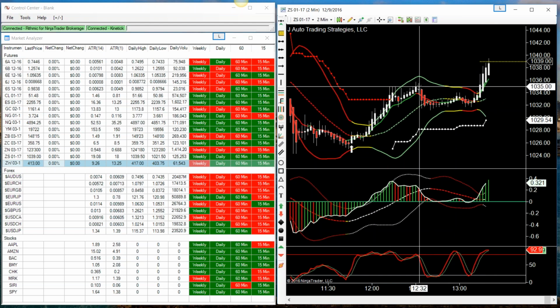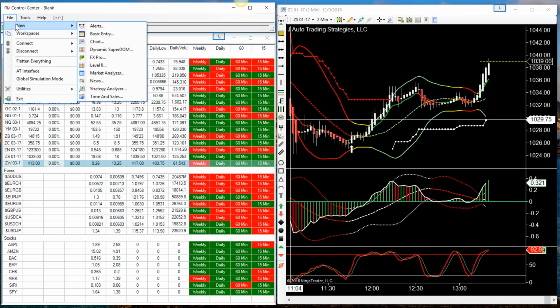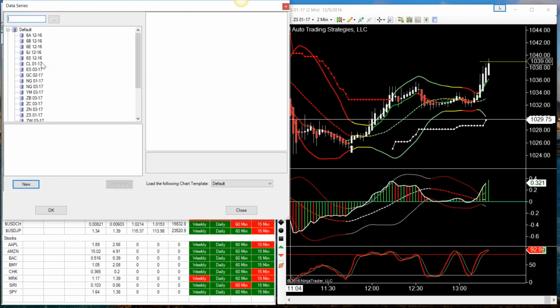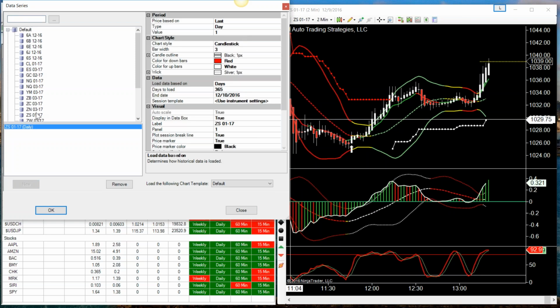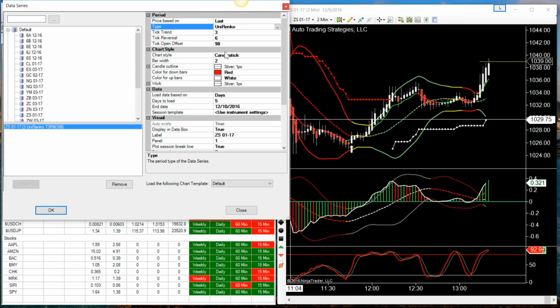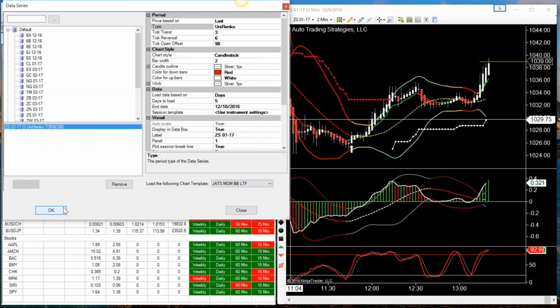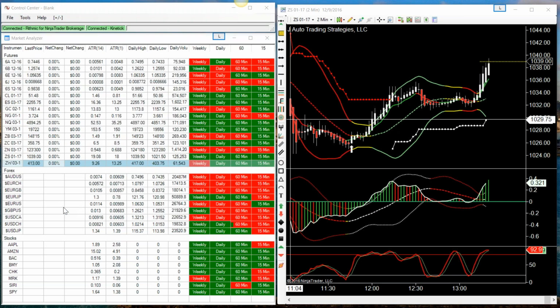I like trading a Unirenko chart, as you know, and let me show you what that looks like. And I will share my new template with you in just a moment.